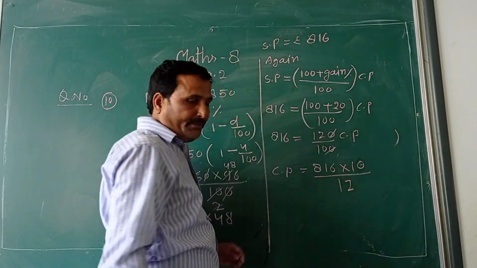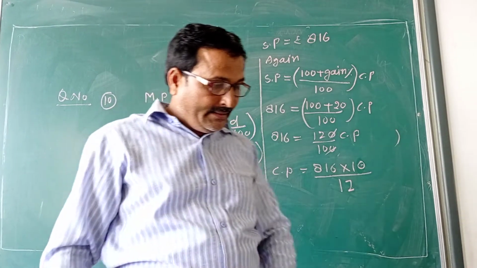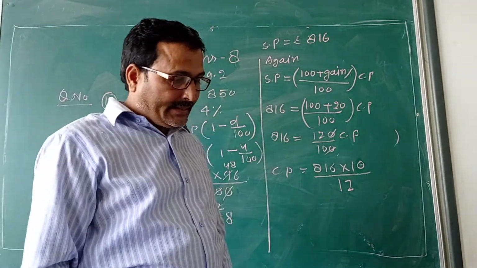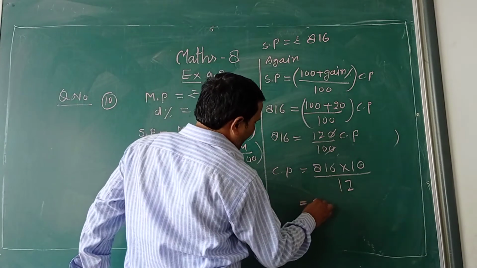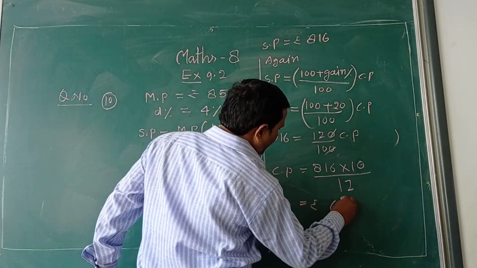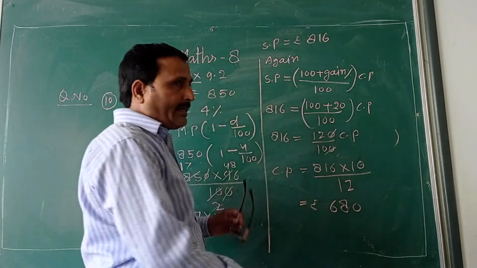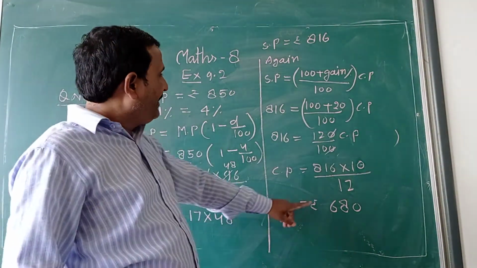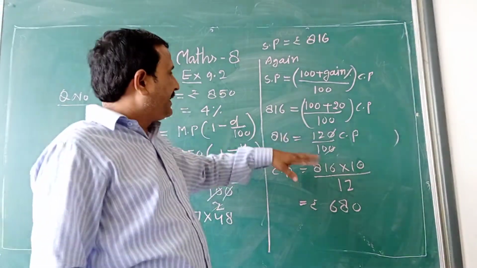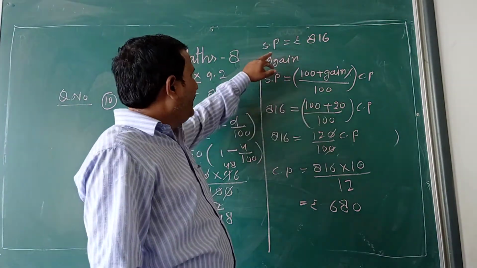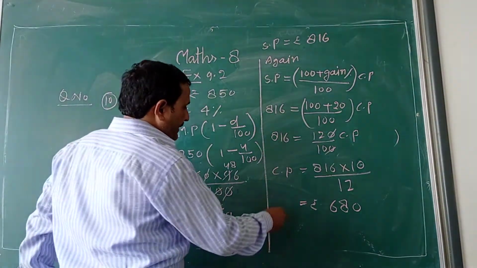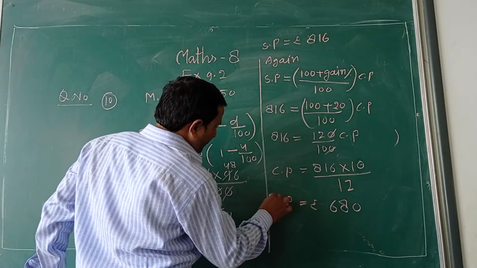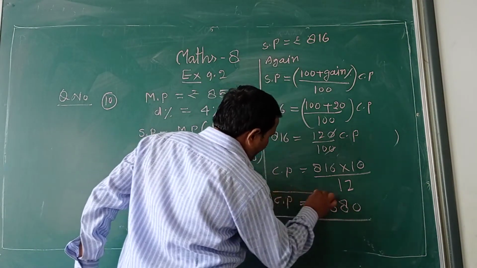If you simplify, you will get rupees 680. After simplification, you will get rupees 680. This is the cost price after getting 20% profit. SP is 816. The CP is being asked. Find the cost price. See that.